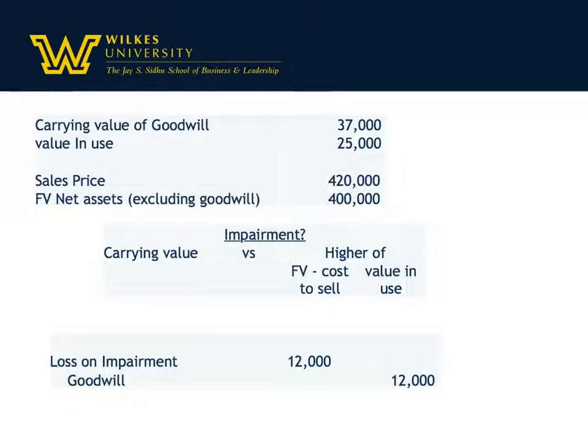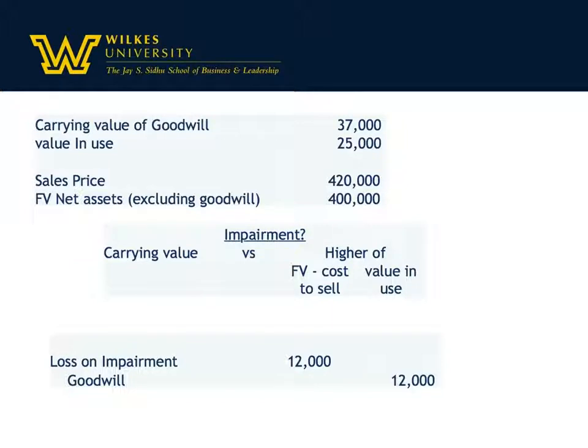Unlike some of the other intangibles, if the value of goodwill goes back up, we do not have recovery of a loss on impairment. Once goodwill is decreased, it stays decreased. And the way to remember that is we cannot record goodwill we generate internally.